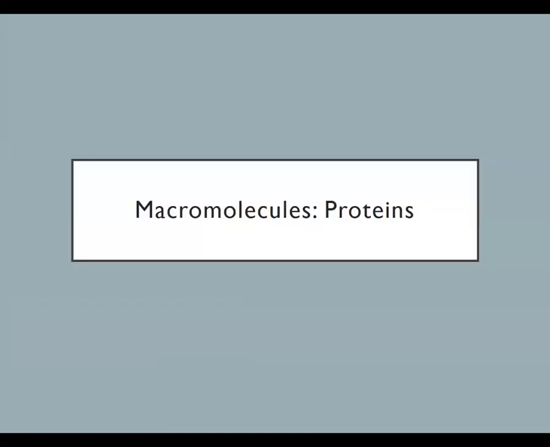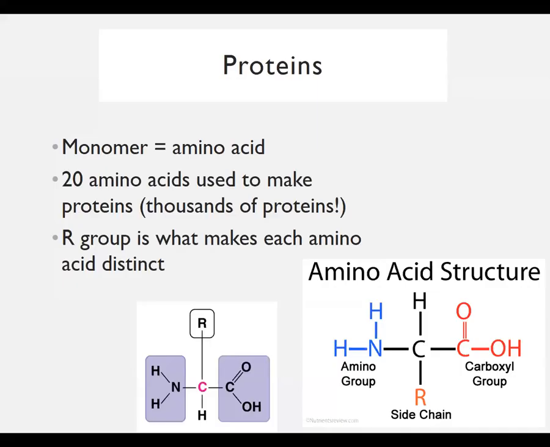First, let's do proteins. We're back to having a typical monomer. So everything but lipids has a monomer, that individual subunit, where if a bunch of them are put together, it makes the overall molecule. So for proteins, that monomer is the amino acid.